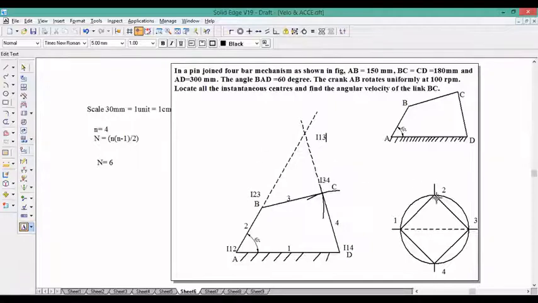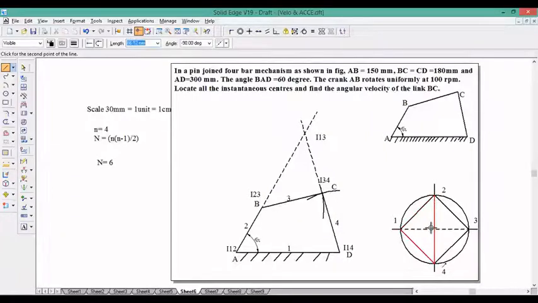Similarly, to find the instantaneous center 2, 4, we need to join a line from 2 and 4. So now this 2, 4 is a common line for triangle 4, 1, 2 and 4, 3, 2. That means I need to draw a line from instantaneous center 1, 4 and 1, 2.